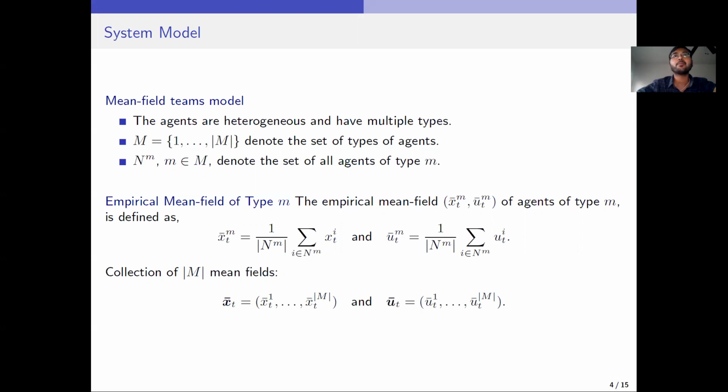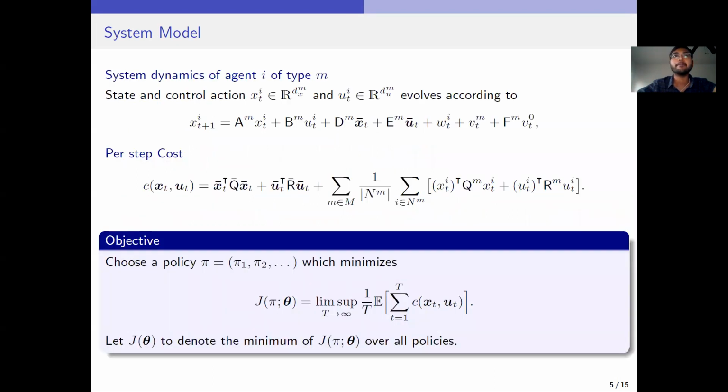The types are denoted by capital M, and N_M represents the set of agents present in type M. The empirical mean field x bar m,t and u bar m,t of agents of type M is defined as the empirical mean of the state variables and the control action variables for that type. The collection of these empirical means of all types is represented by bold x bar t and u bar t. Now, the system dynamics of agent i of type M is represented by this equation.